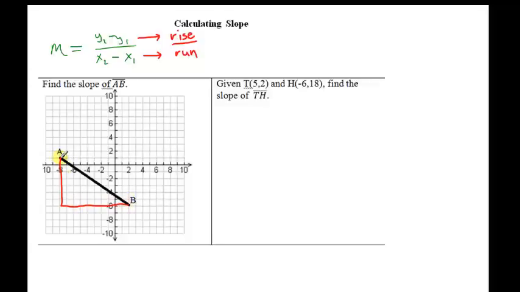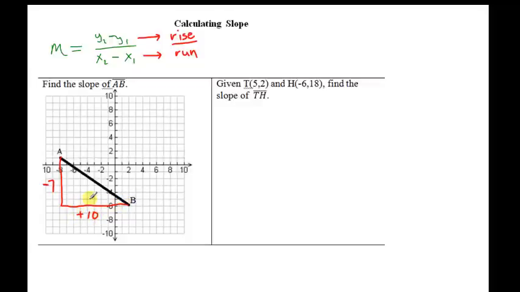Let's give that a count. Starting here at A, 1, 2, 3, 4, 5, 6, 7. And it went down. We want to make sure we get negative on that. -7 is the rise. And then across we count from here 1, 2, 3, 4, 5, 6, 7, 8, 9, 10. So positive 10, since that was in the positive direction towards the right, that's our run.